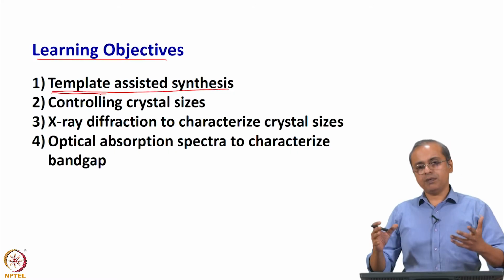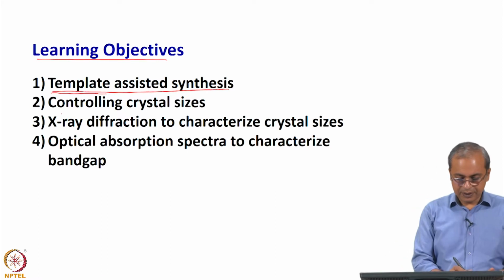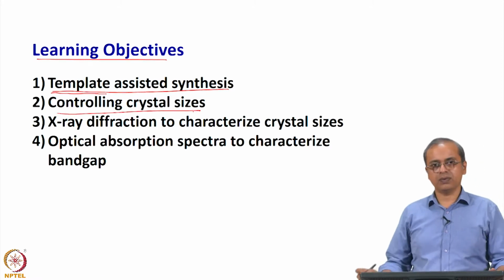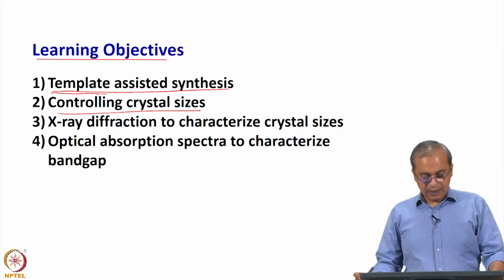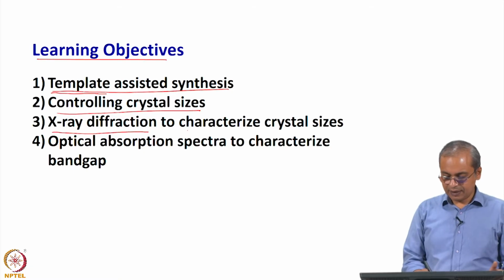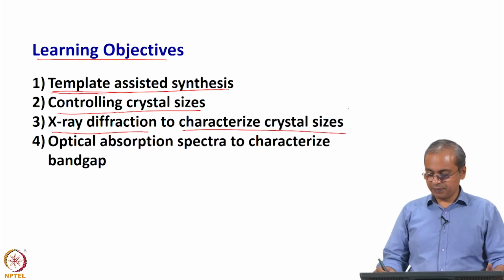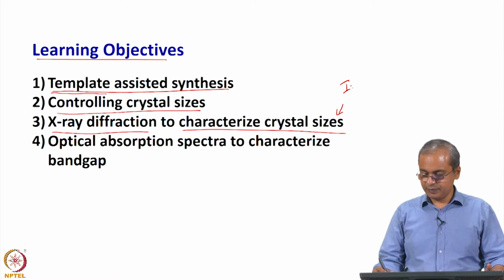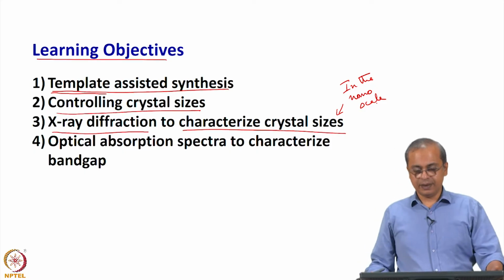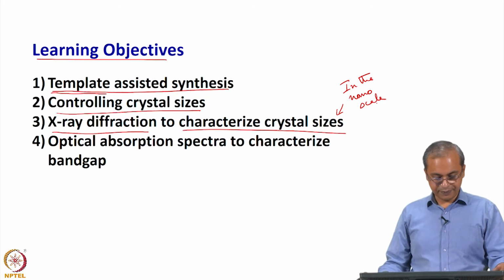In particular, we will also look at how this template assisted synthesis process may help us control crystal sizes. So, that is another aspect that we will look at. We will spend a little bit of time looking at X-ray diffraction data that is particularly used for characterizing crystal sizes in the nano regime, because this is actually used a number of times in many places, and therefore, it is worth looking at it.